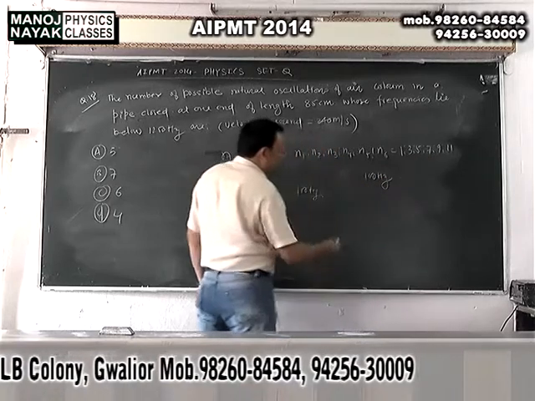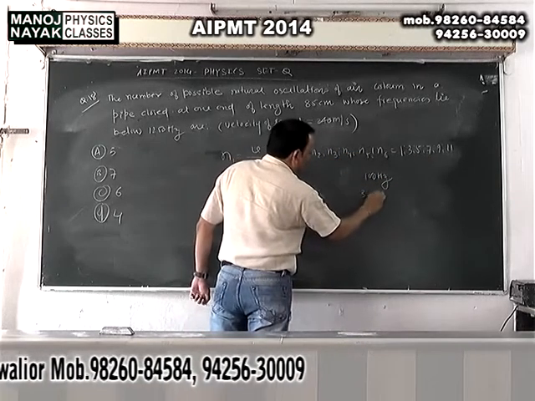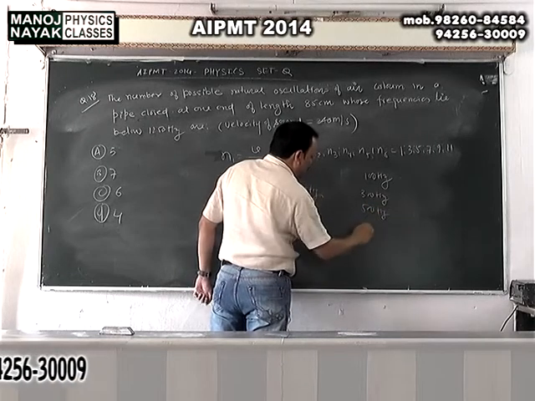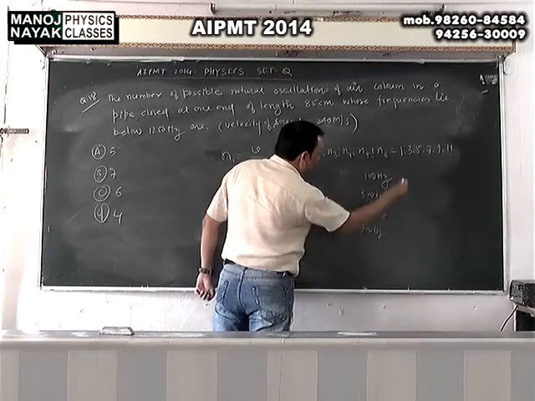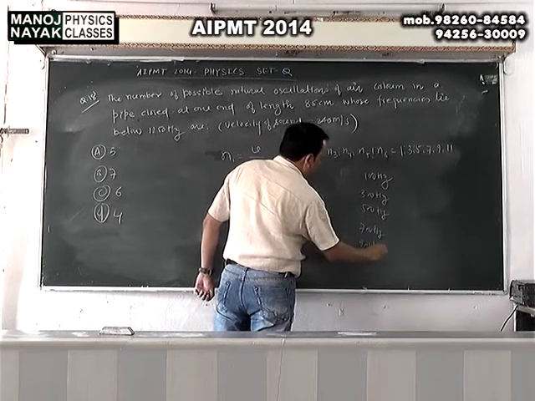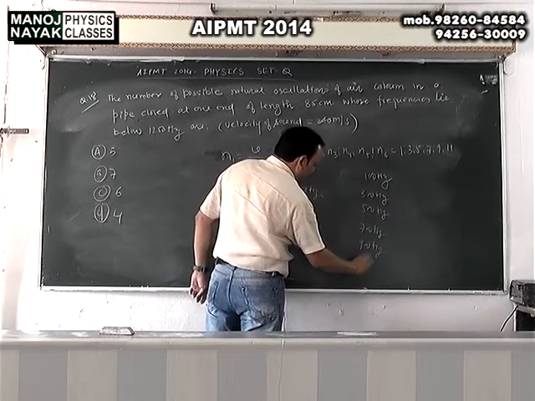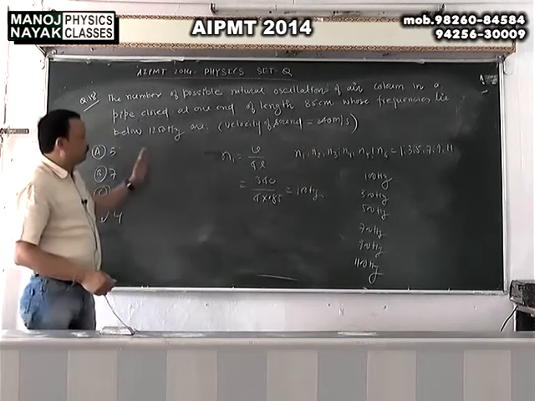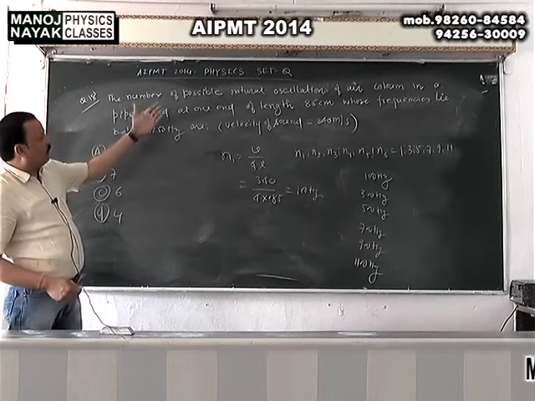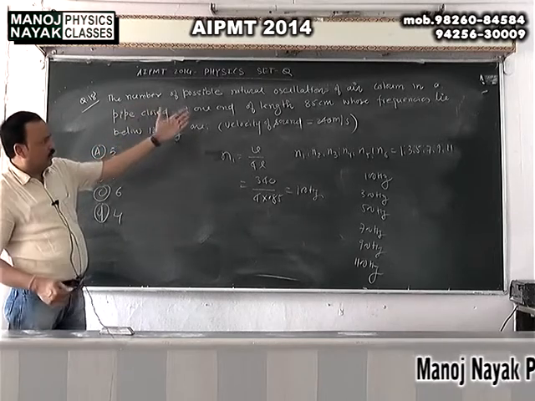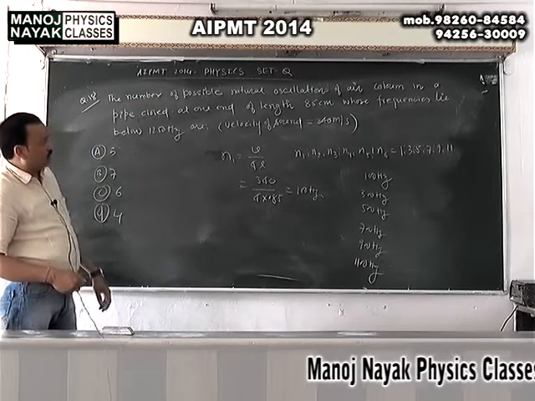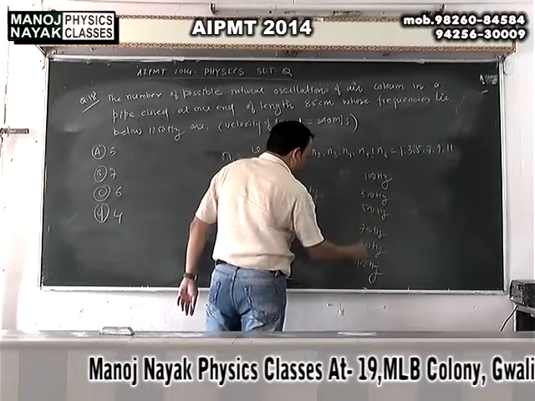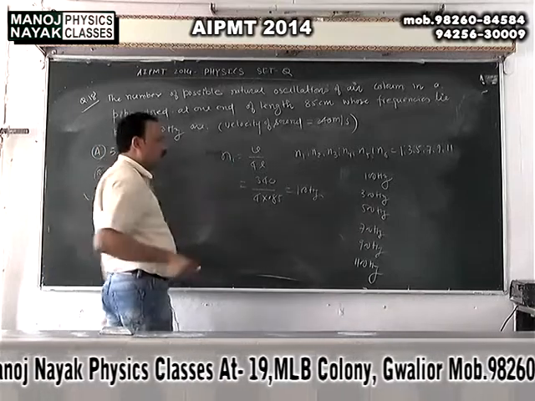You can see very easily the second will be 300, and next 500, and next 700, and next 900, and next one is 1100 hertz. So the number of possible natural oscillations of air column will be 1, 2, 3, 4, 5, 6. Our answer is 6.